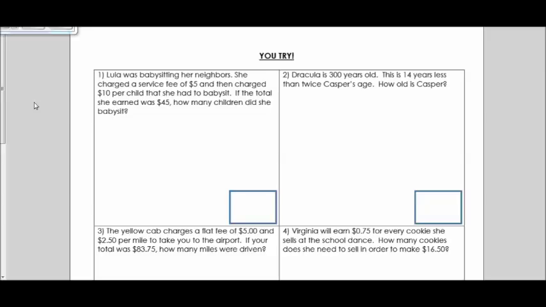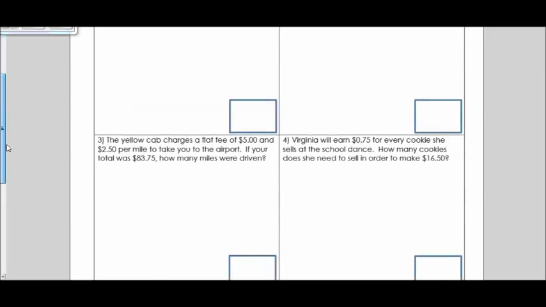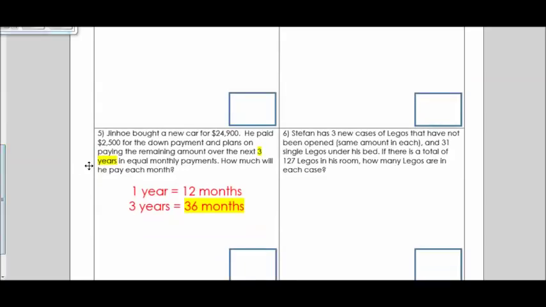The one thing I want to point out is that down here, when we're talking about this car that he's going to buy, it says that he paid a down payment and then he's going to pay over 3 years, but then they want to know the monthly payments. So when you set up your equation, you need to have this information right here. The 3 years equals 36 months.